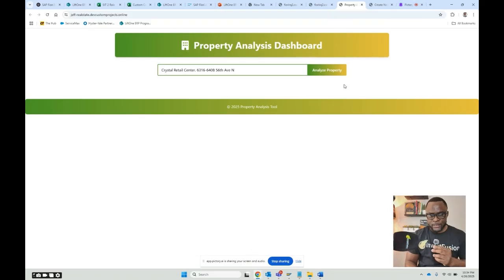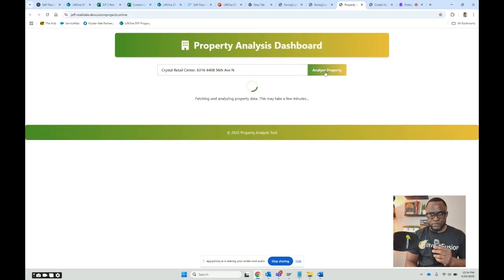After entering the property report, all you have to do is click Analyze Property, and in just a few minutes it's going to come up with the output, and you have the data. Right now, it's fetching all the data and analyzing the property for you.